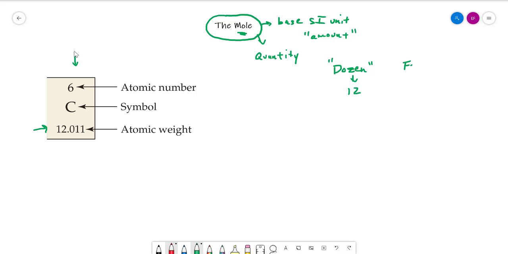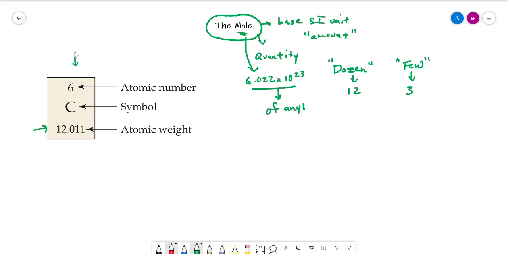We also know that the word few typically refers to 3 of something. The mole is no different. It's identifying a known quantity of something. It doesn't even have to be chemistry related. In this case, a mole refers to 6.022 times 10 to the 23rd of anything.